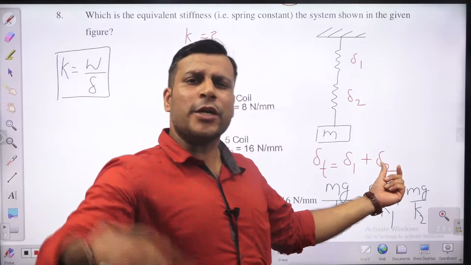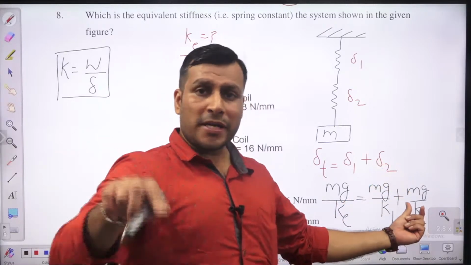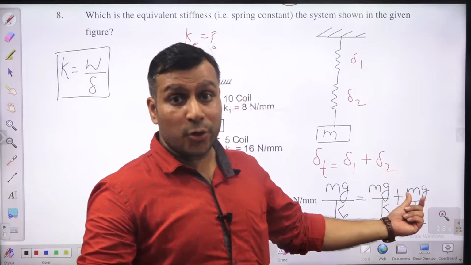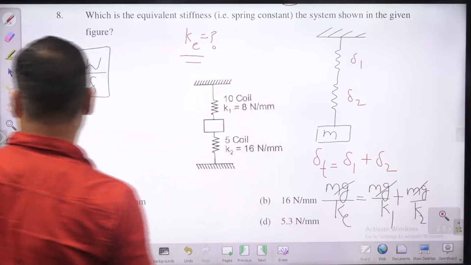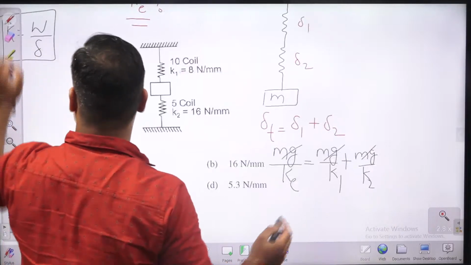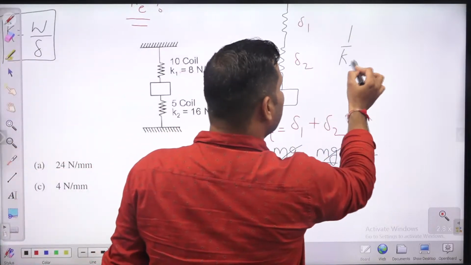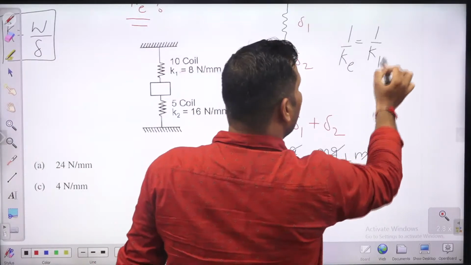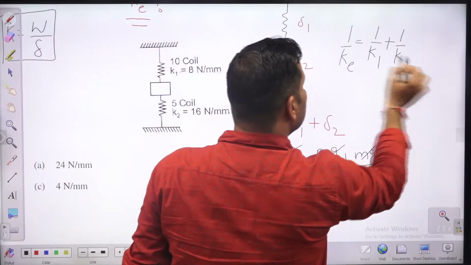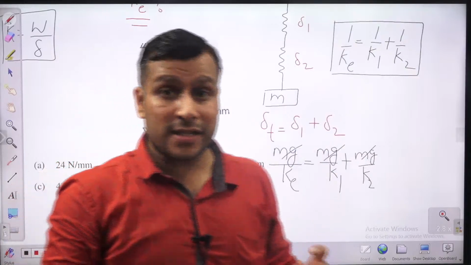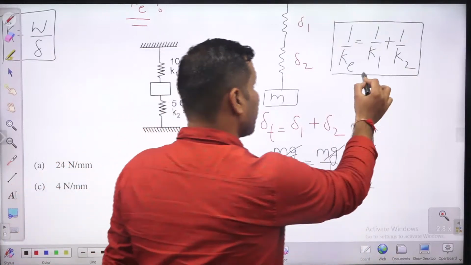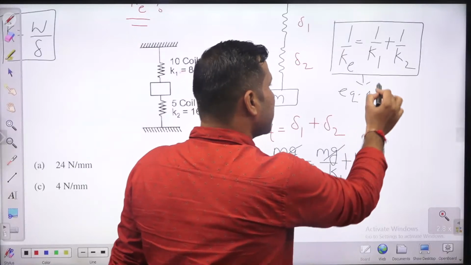The deflection of spring 2 is mg by k2. The load is the same, but the deflection is different, delta 2. If you solve this, you will get the formula: 1 by k equivalent equals 1 by k1 plus 1 by k2. Just remember, guys, this is the formula to find the equivalent stiffness in case of series.